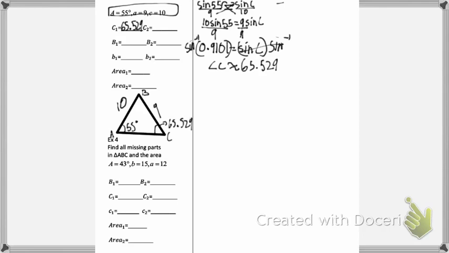Now we need to find B1, angle B. We already know that our angles are supposed to add up to 180 degrees, and we know the first two angles in the triangle. So let's subtract 180 minus 55. Oh, and also, I forgot to mention, this angle C over here, save it in the calculator. And if you don't know, I might make another video on how to save numbers on a calculator.